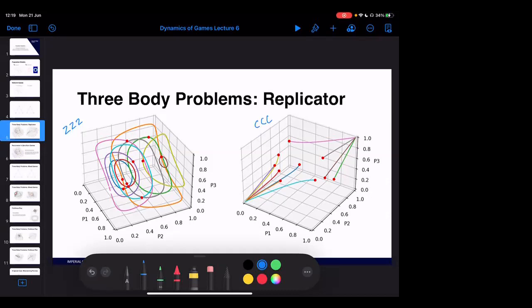Now, that in some sense is kind of boring because it means that we can just extend our analysis. And in fact, the analysis works in exactly the same way. This is the bit where the analysis actually does work. And in particular, if we look at the ZZZ game, the purely zero-sum game, something interesting happens because we've already seen cycles in two-player zero-sum games, right? You could think of a two-player game as a two-player network game, right?